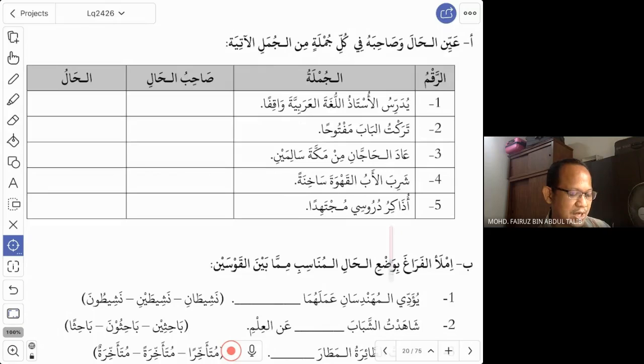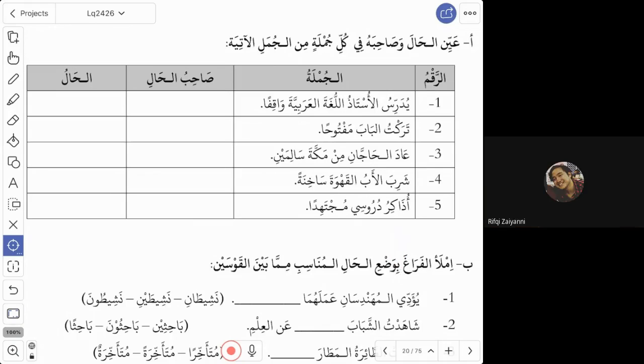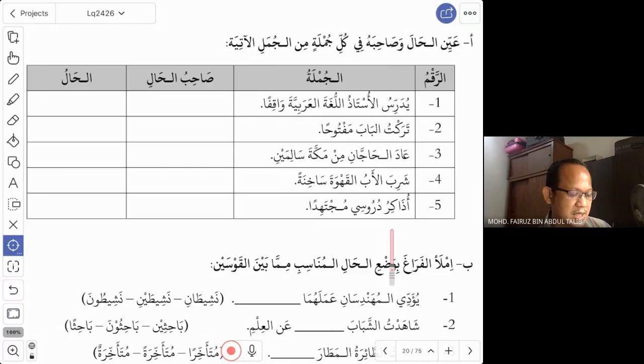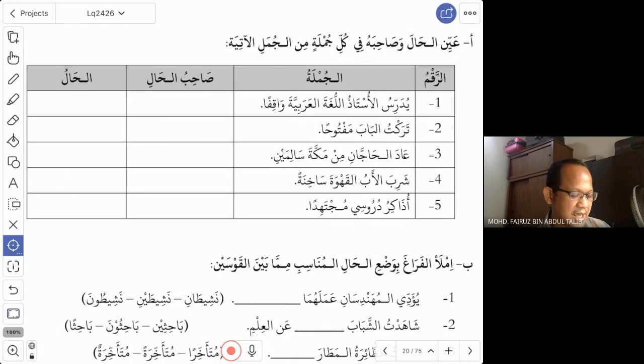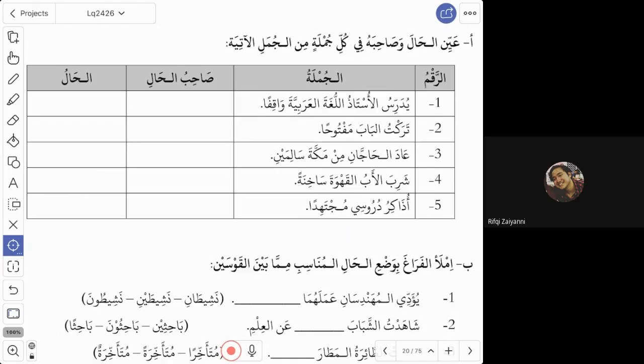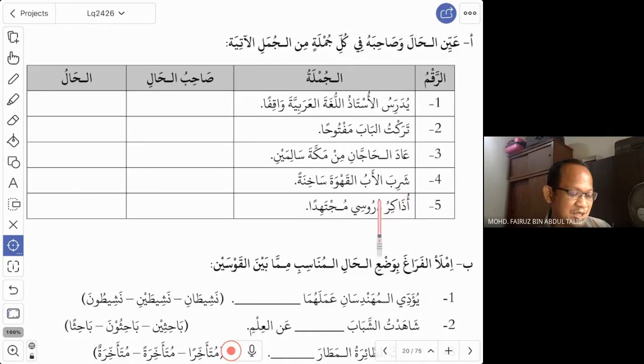The ya here is the I. It is understood from the alif. When you have alif, normally it is for ana. So in this case, the fa'il is hidden.